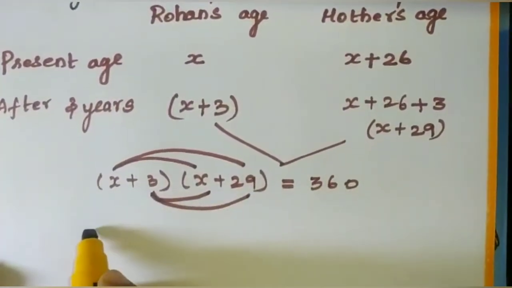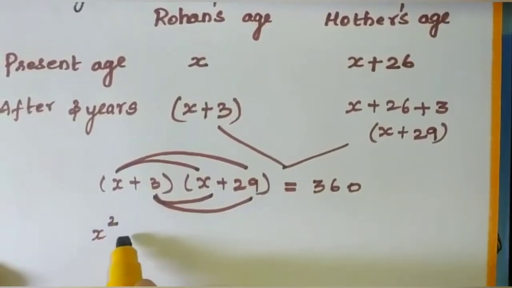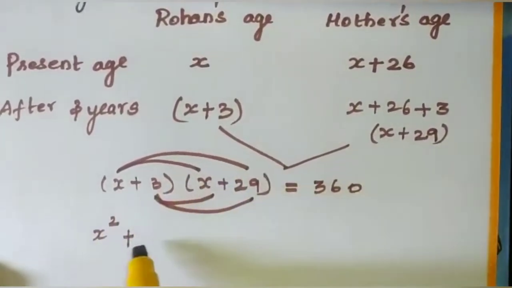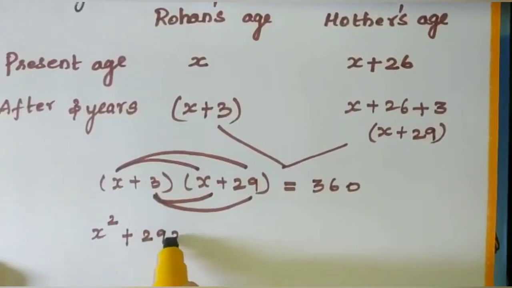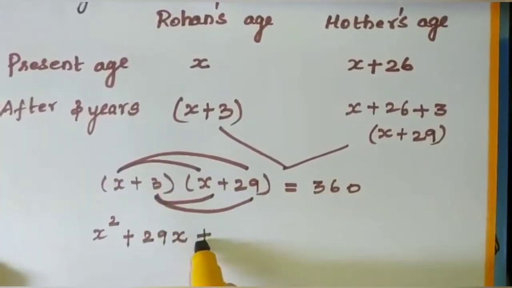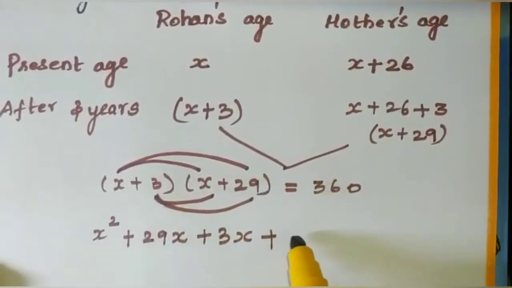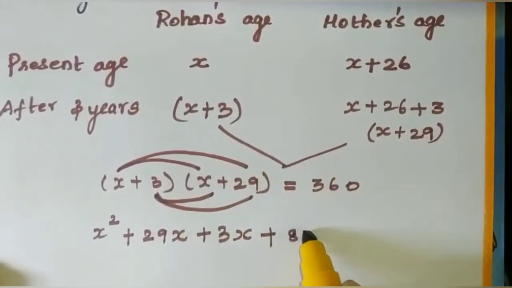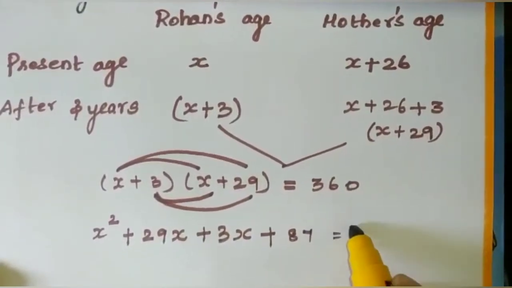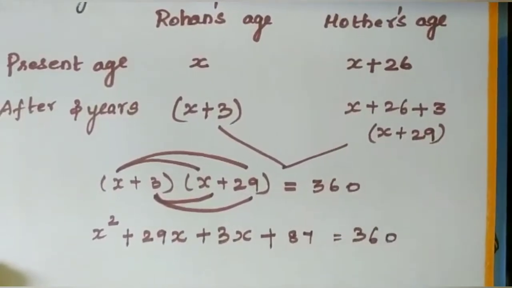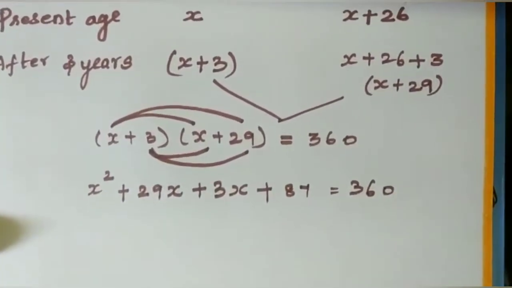So x into x is x square plus 29x plus 3x plus 3 into 29 is 87, equal to 360. Okay.